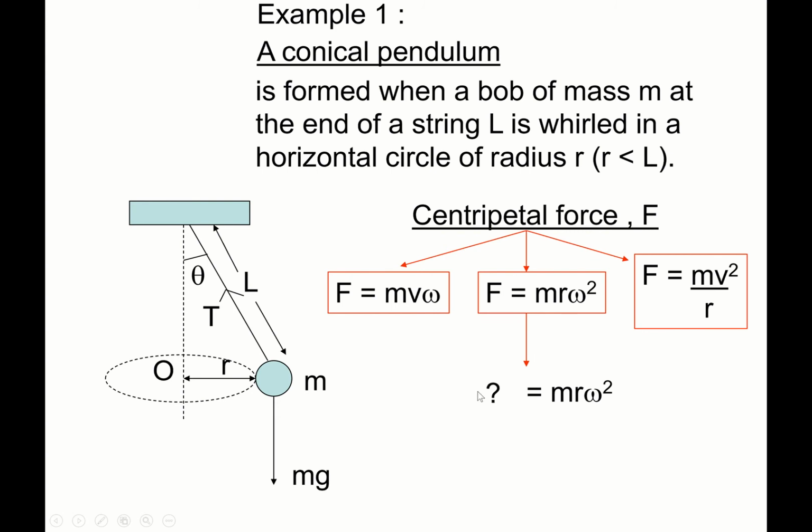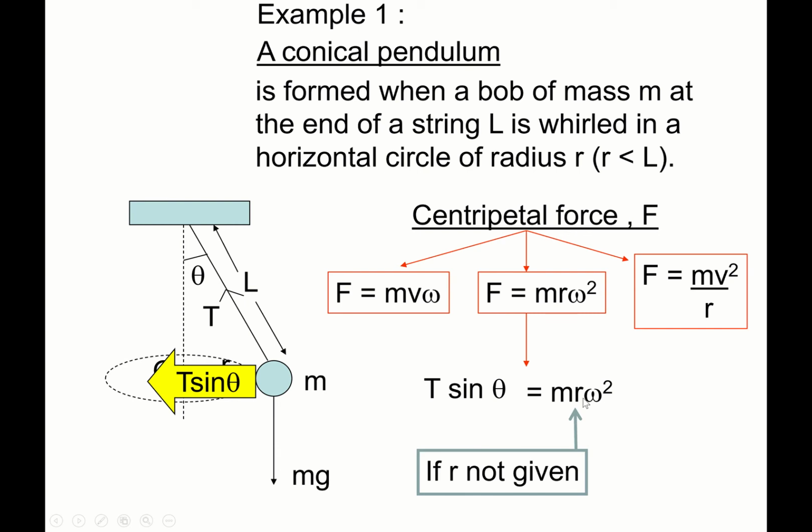The centripetal force is provided by the horizontal component of the tension, T sin theta. The components of T are T sin theta and T cos theta. So T sin theta provides the centripetal force, and we equate it to m r omega squared.